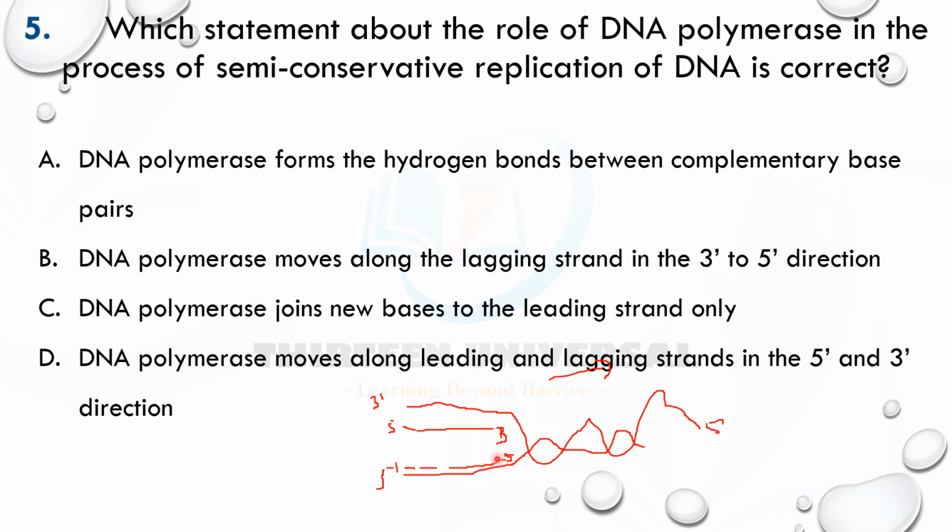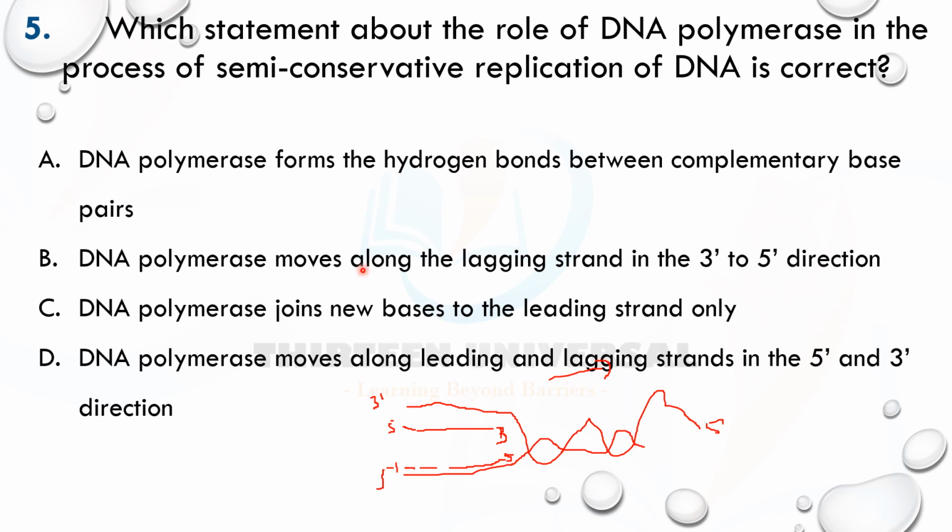If you are making any new DNA, the newly synthesized DNA molecules are made 5 prime to 3 prime. They are not made 3 prime to 5 prime. But the template is copied from 3 prime to 5 prime. Newly made DNA strands, whether lagging or leading, are made in the 5 prime to 3 prime direction.